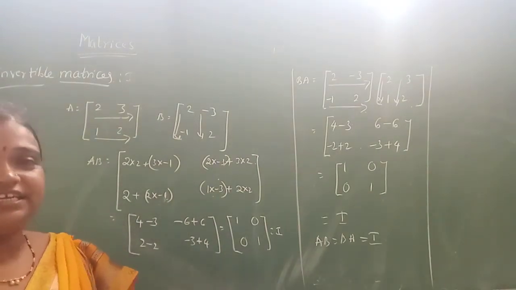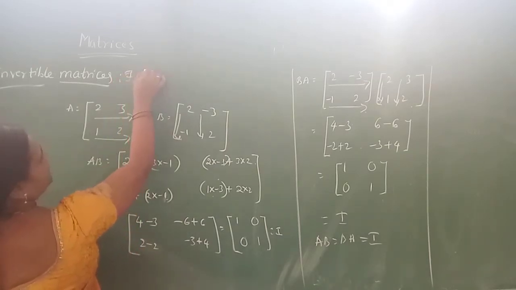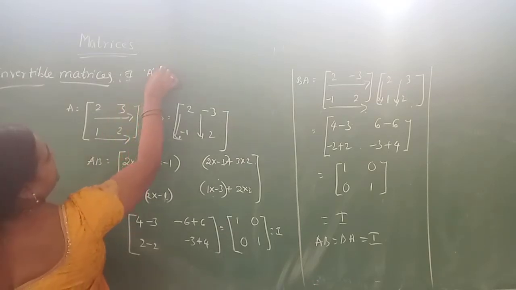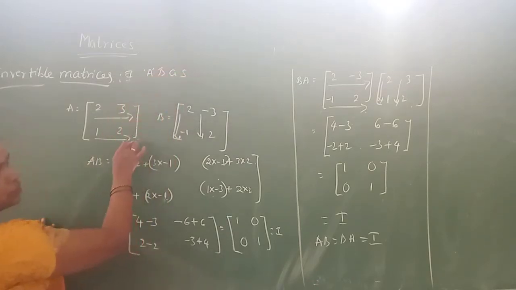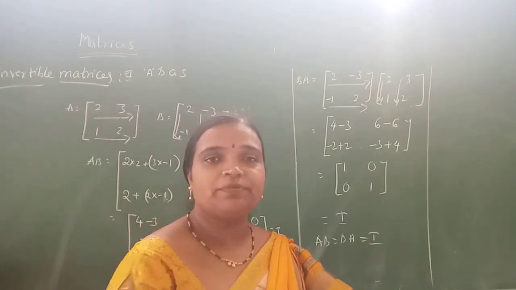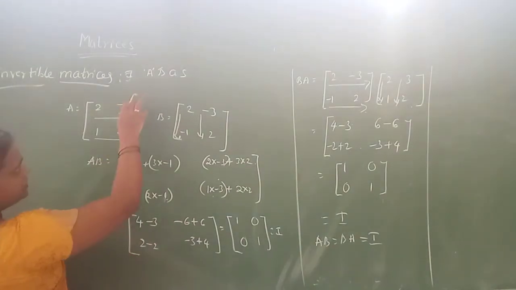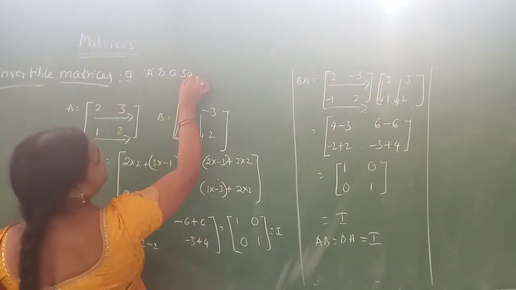But for that there is a condition. A is a square matrix, like 2 into 2: the number of rows and number of columns are the same. The definition of a square matrix is that the number of rows and number of columns are equal.